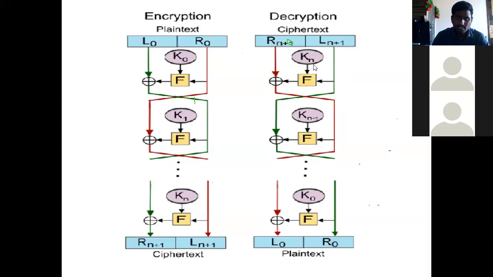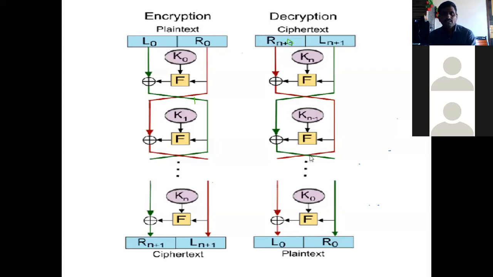We'll continue the process. See here Kn, then Kn minus 1, Kn minus 2, Kn minus 3. It will go till K0, and finally we got L naught and R naught, the plain text. So we have taken the plain text, converted it into ciphertext, L naught, R naught to Rn plus 1, Ln plus 1. Then in reverse for the decryption process, we start with Rn plus 1, Ln plus 1, and we get L naught, R naught, and finally the plain text.